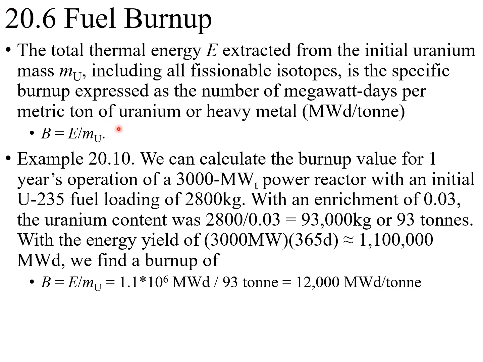Now let's use example 20.10 to show how to calculate this specific burn-up. We can calculate the burn-up value for 1 year of operation of a 3000 megawatt thermal power reactor with an initial uranium-235 fuel loading of 2800 kilograms. And the initial enrichment is 3%.